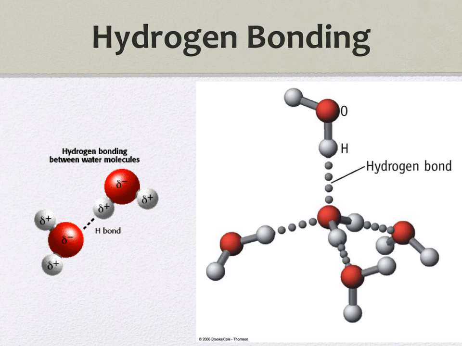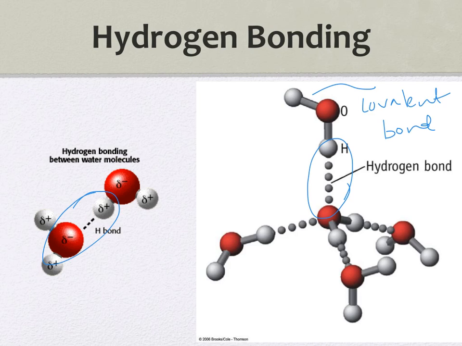Here you can see a representation of hydrogen bonding between water molecules. The positive end of one molecule attracted to the negative end of another molecule. That's also shown here. And just to compare with what we're looking at in this diagram on the right, this is representing a covalent bond. The dashed lines are showing the hydrogen bonds.